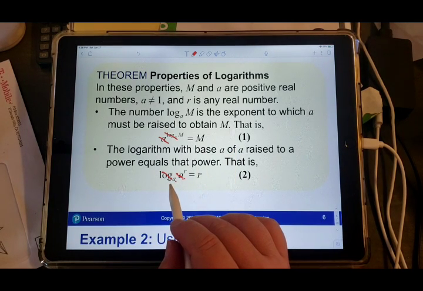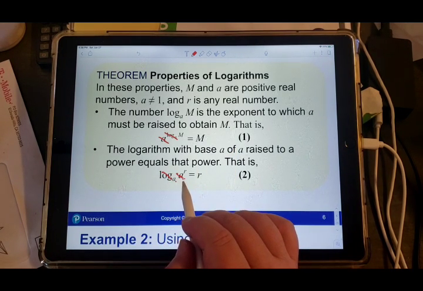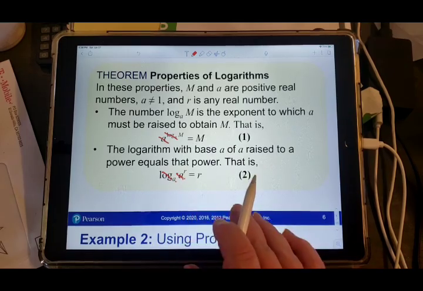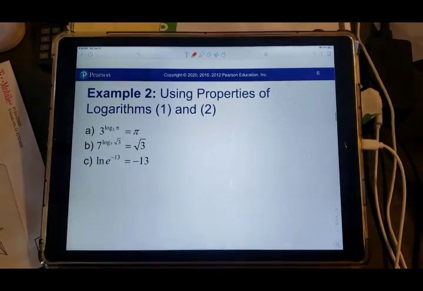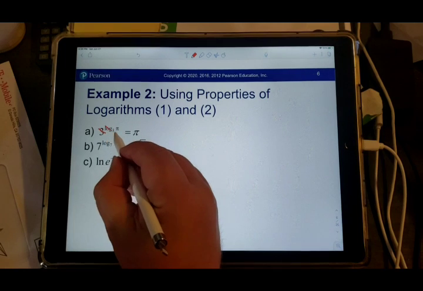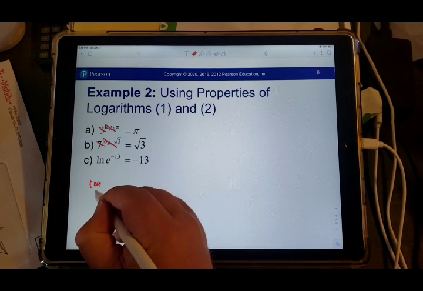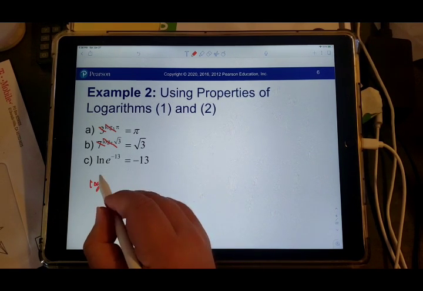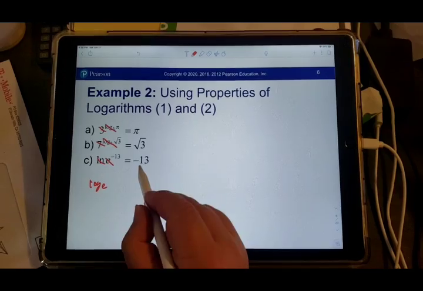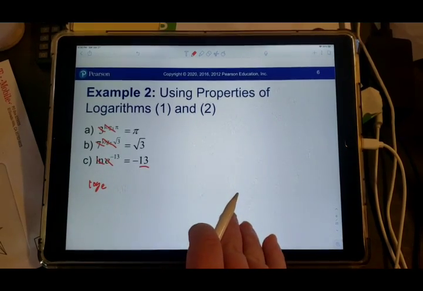But they're inverse functions, so they cancel, and that's the main idea that you want to know. These will cancel. ln is log base e, just with fewer characters. And even it cancels.